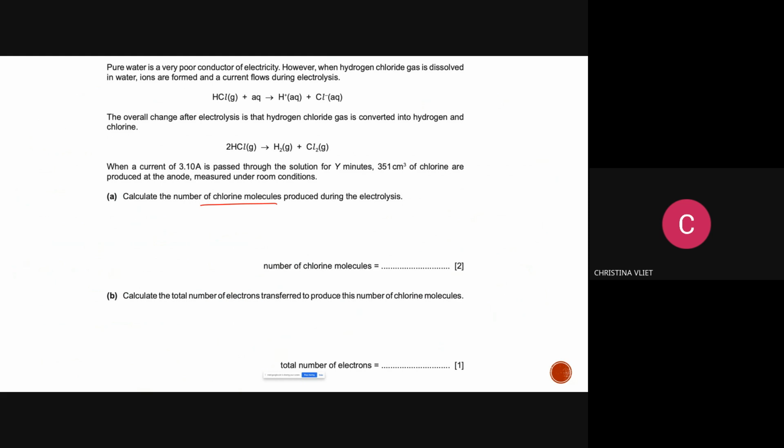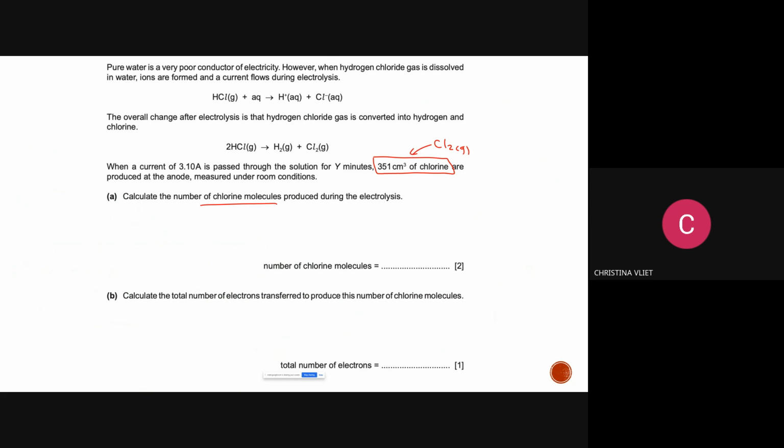We first have to convert the volume to moles. What we have right now is the volume of chlorine. The volume of Cl2 gas, right? Because that's how we would measure a volume. It's the gas, filling an amount of space.